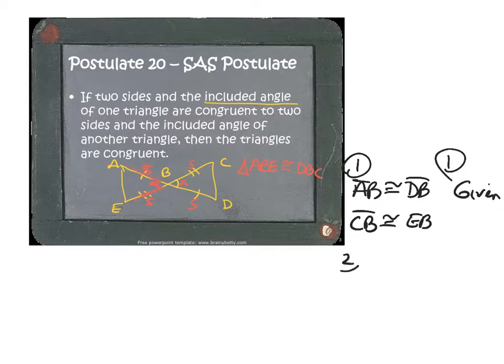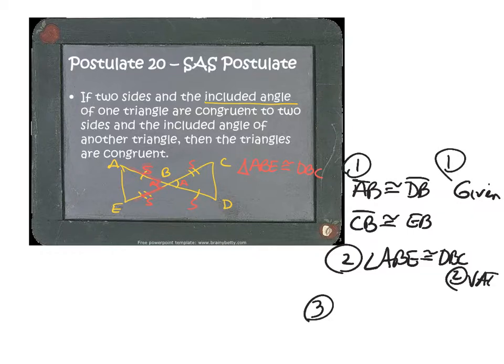Then your next statement is going to be angle ABE is congruent to DBC, and this would be the vertical angles theorem. And then your third statement is just what you were trying to prove, the two triangles. So triangle ABE is congruent to triangle DBC, and the reason is side angle side.